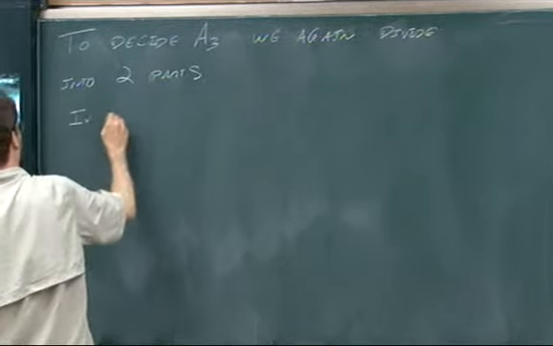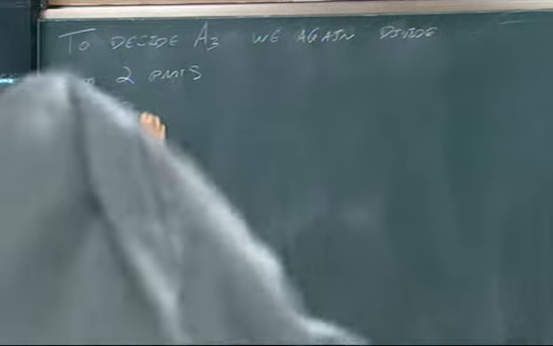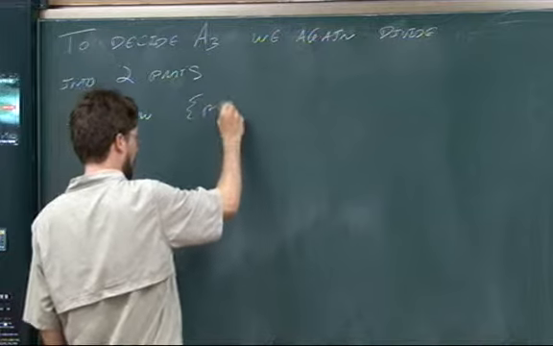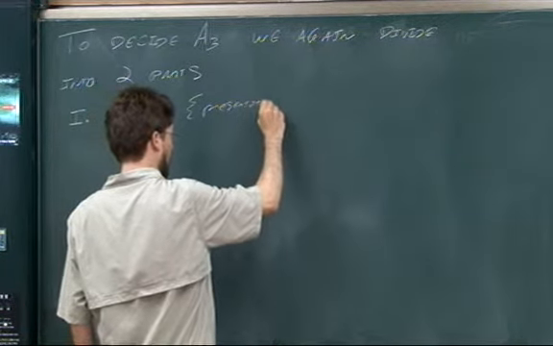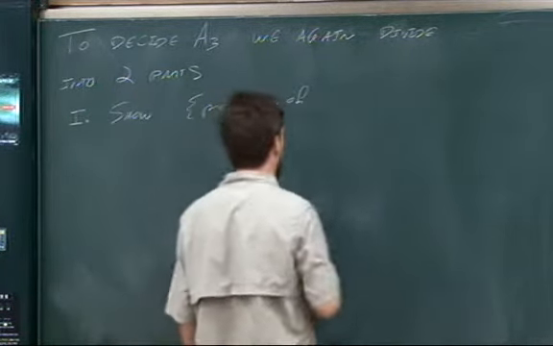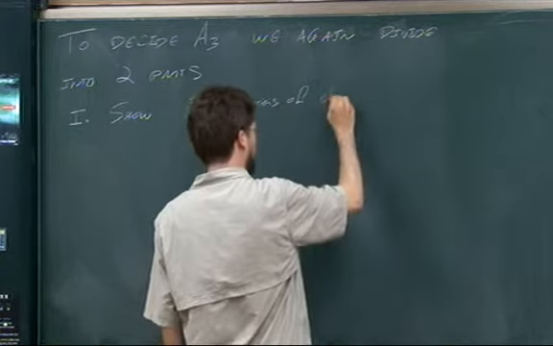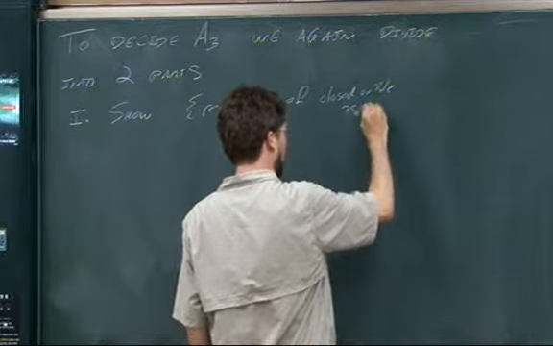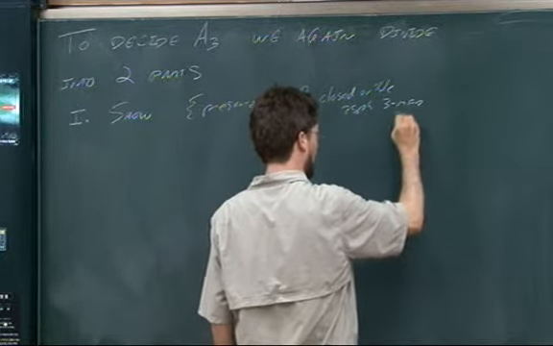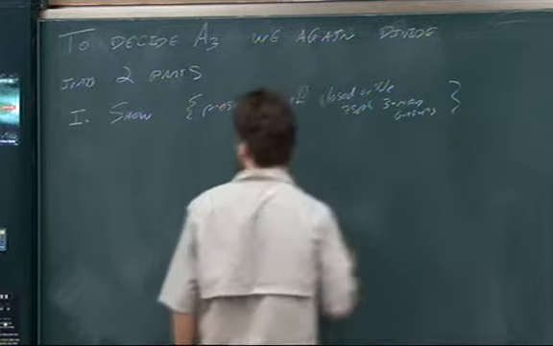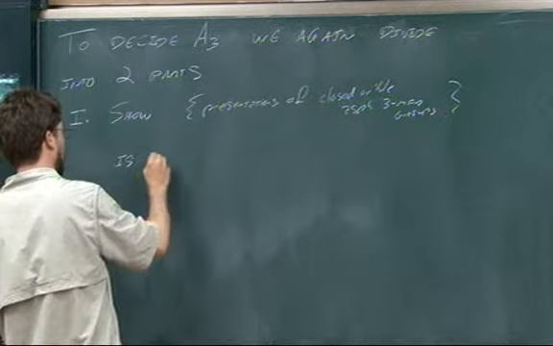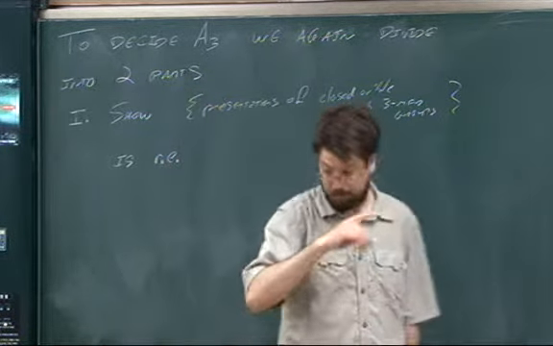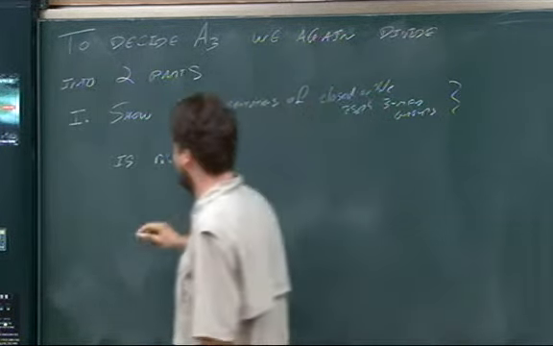First, we need to show that the set of presentations of closed, orientable, aspherical, three-manifold groups is recursively enumerable, and there's nothing new here. But I will explain it though, I hope.